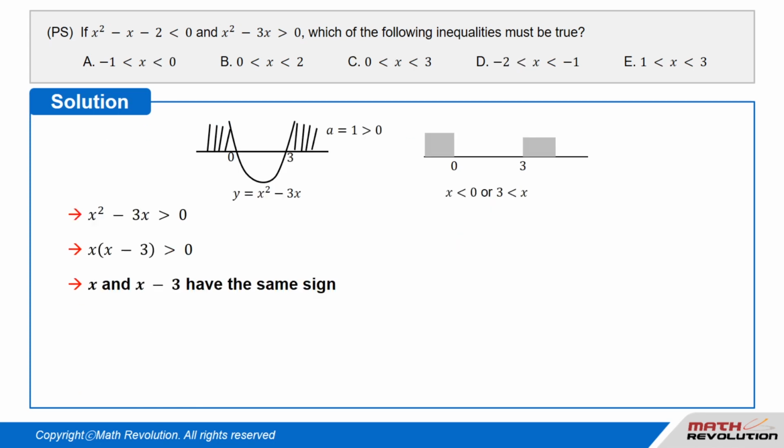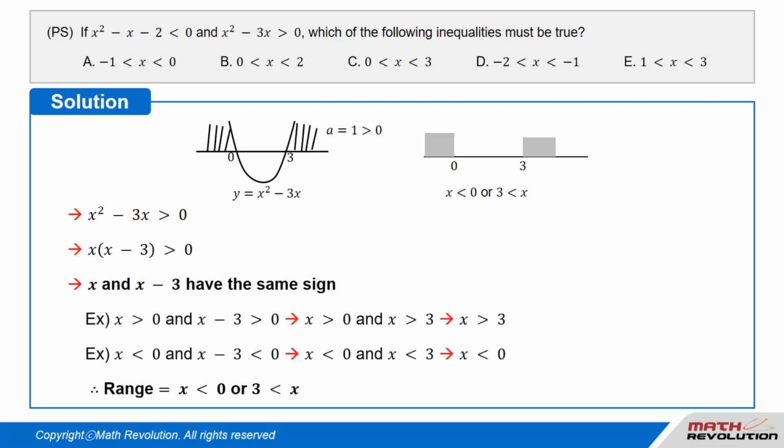We are looking for x squared minus 3 times x is greater than 0, which can be factorized as x times whole of x minus 3 is greater than 0. X times whole of x minus 3 is greater than 0 means that the factors x and x minus 3 have the same sign.